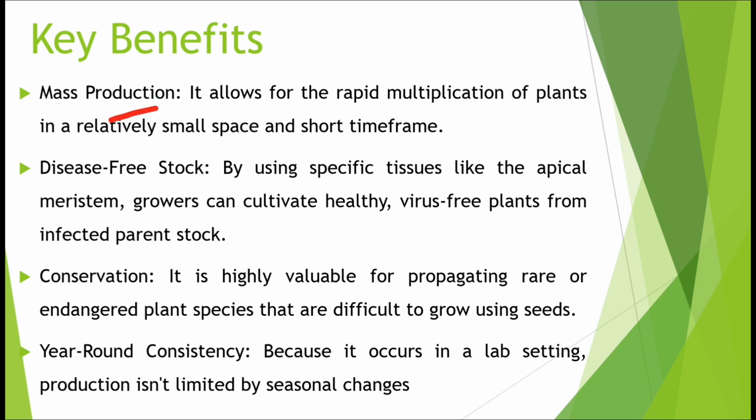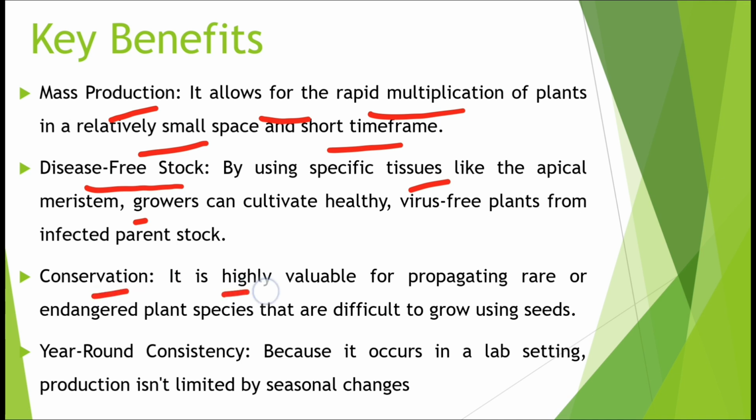At first, mass production. It allows for rapid multiplication of plants in a relatively small space and in a short time. It can produce disease free plants because we grow them in lab conditions, in microbe free conditions, and generally tissues like apical meristem are collected for this micropropagation technique.